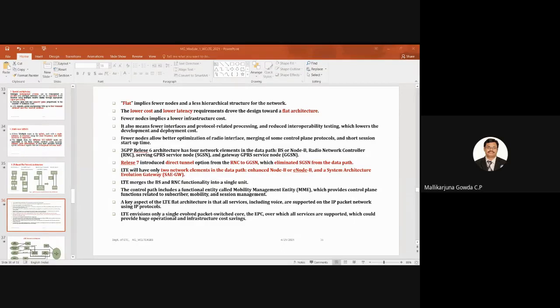At least that is the minimum basic you people should know. Circuit switcher system means it has a dedicated path from source to destination, but packet switcher system will not have any dedicated path. The packet can take any path to reach the receiver.